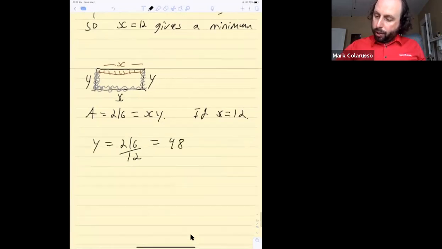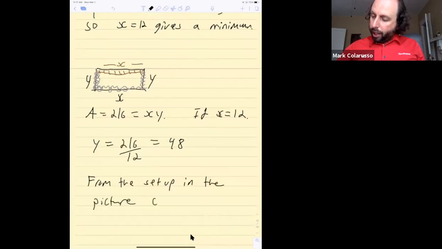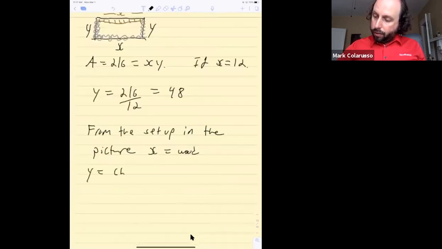And from the picture, from the setup in the picture, right, x is wood, y is chain link.